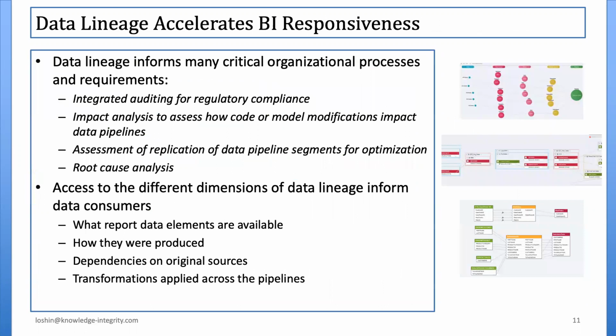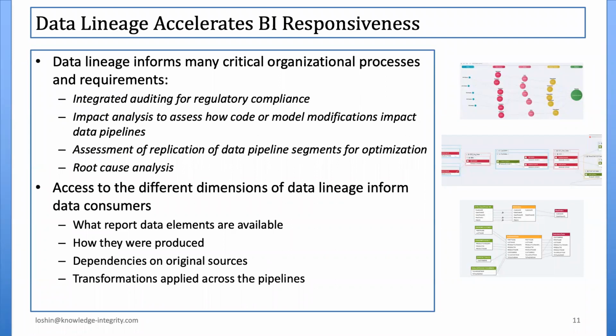And so we'll come back to the theme of today's talk: data lineage accelerates BI responsiveness because it informs these processes and requirements, things like integrated auditing for regulatory compliance, or impact analysis to assess how code or model modifications impact data pipelines, or replication of data pipeline segments for optimization or root cause analysis.